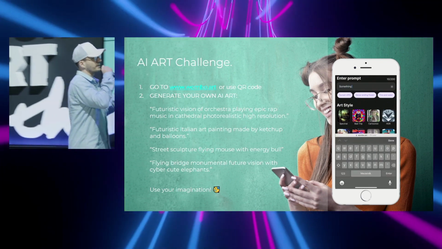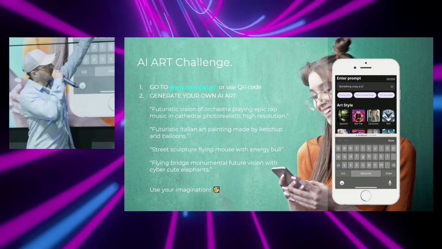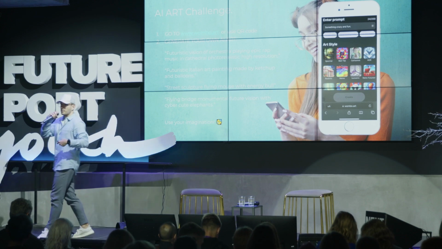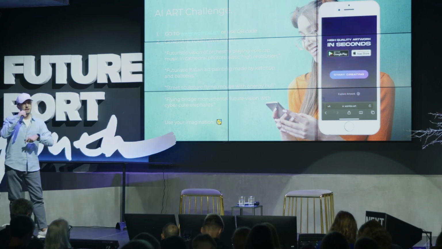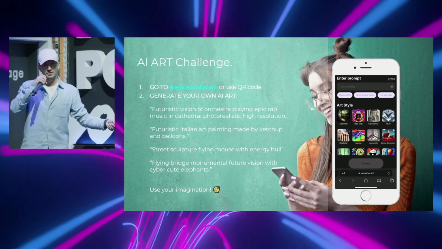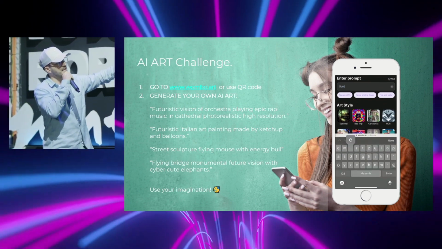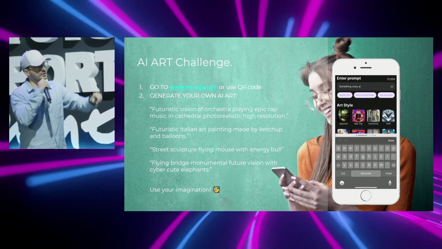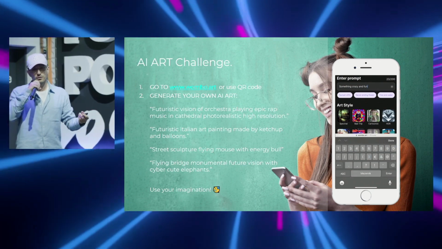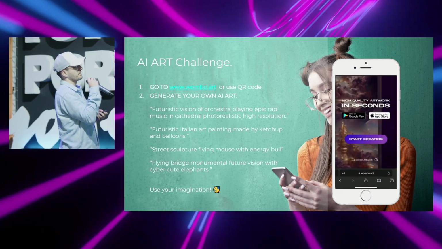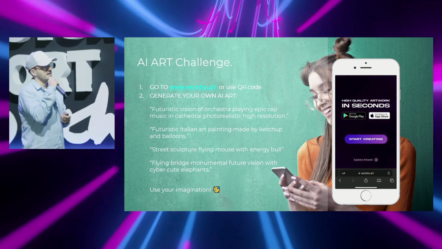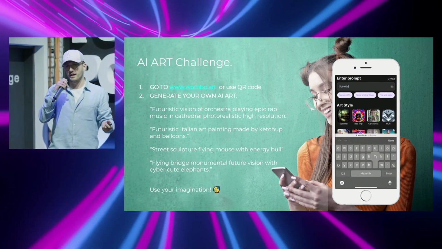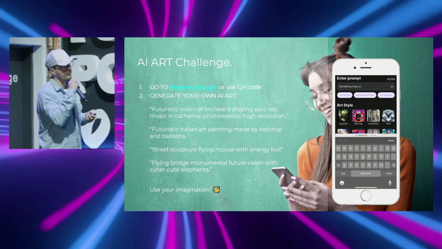Quick tip for you all: these art styles help you choose how the picture is supposed to look in the end. So when you put in your ideas and words for what you want to see, you can also pick your art style there, like spectral, or HDR, which would be high resolution, or colorful, whatever you want. It's all about you. Then you just click the button, start creating, and the AI will produce an image from your description.